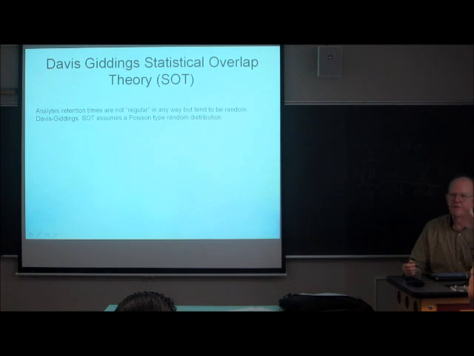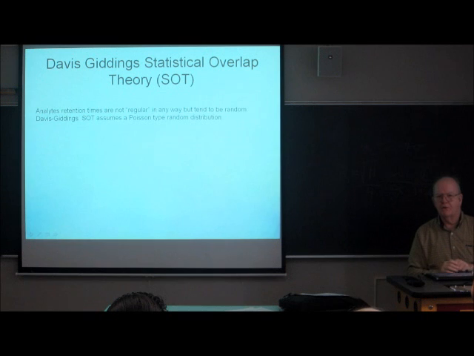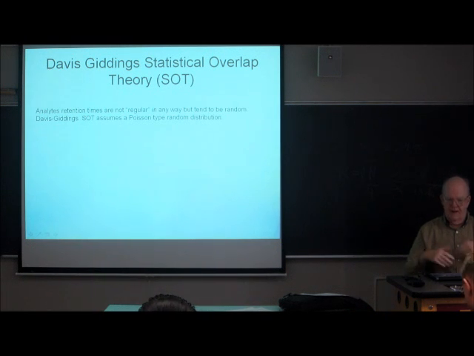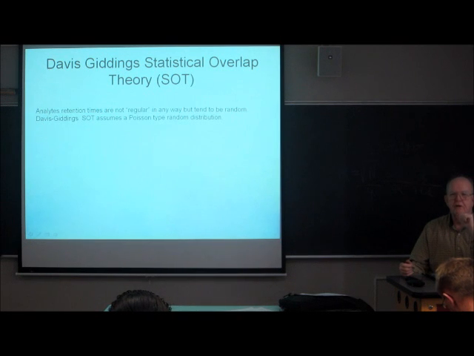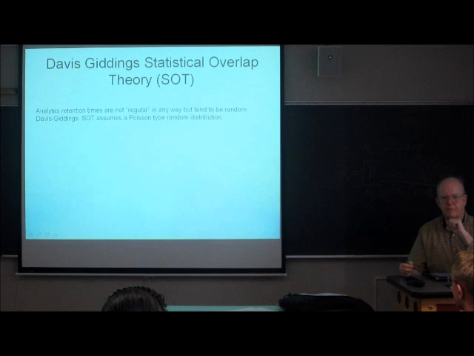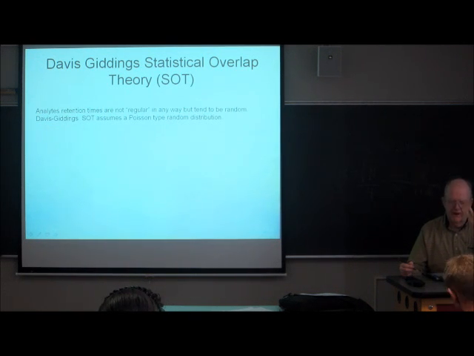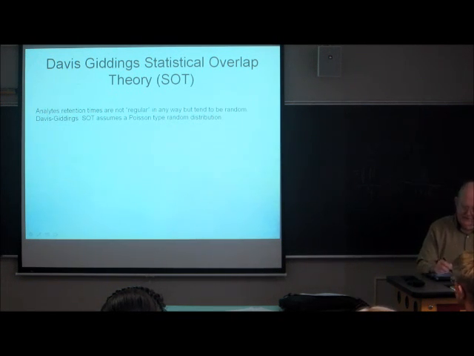Giddings and Davis said it's much more likely that the peaks are randomly spaced relative to one another. And they then proceeded to work out the mathematics of this situation, assuming a random relationship between the retention times. Their analysis is called statistical overlap theory, and nobody ever says that, it's SOT.